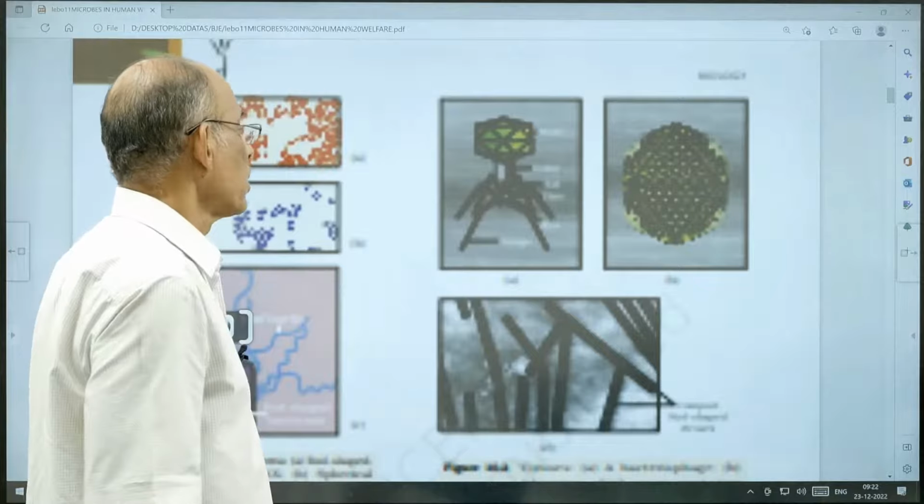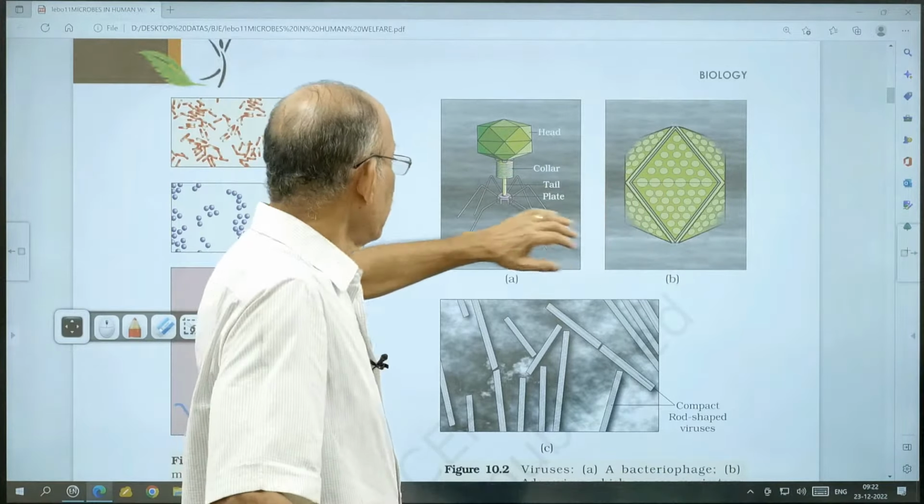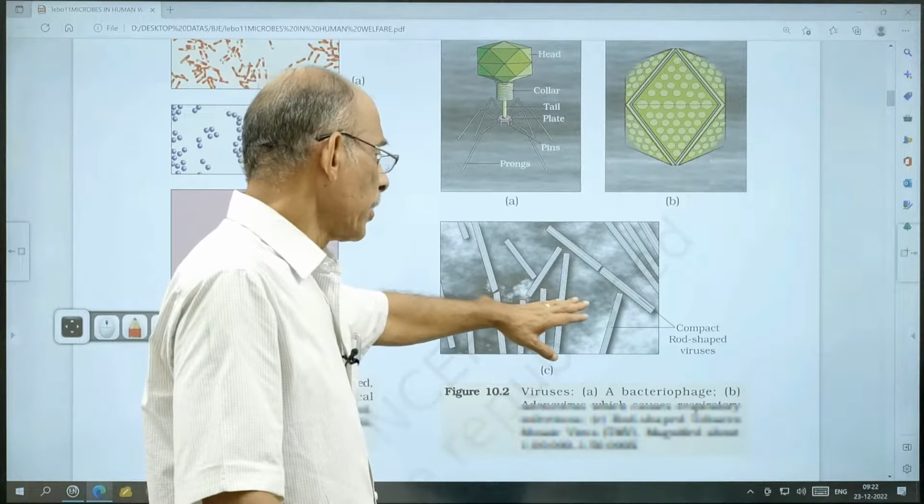So we have this bacteriophage, which is a virus. This is a rod-shaped TMV virus.